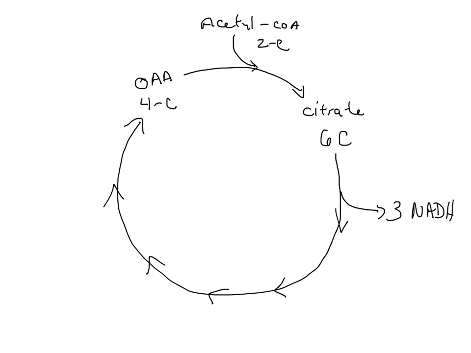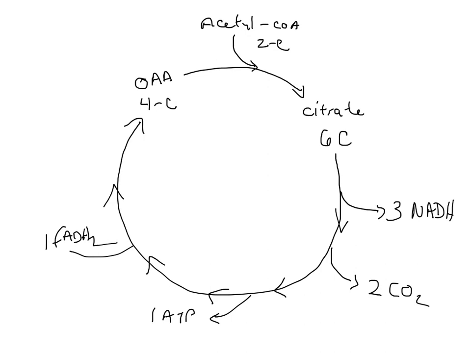Right? We're going to have 2 CO2 come off. We're going to have 1 ATP. We're going to have 1 FADH2. Okay? And then we rearrange it back to OAA.